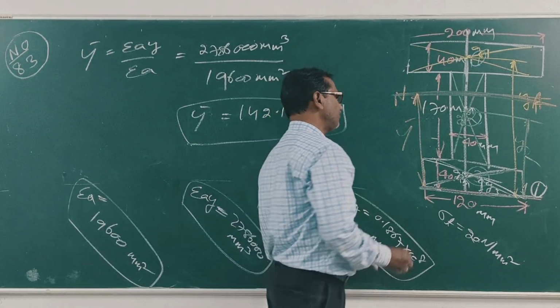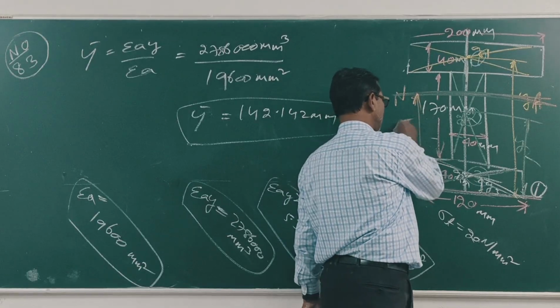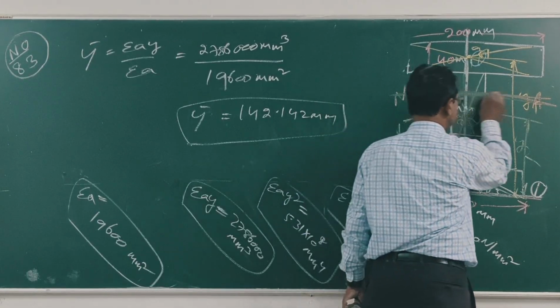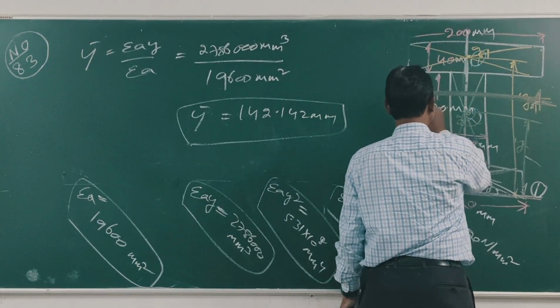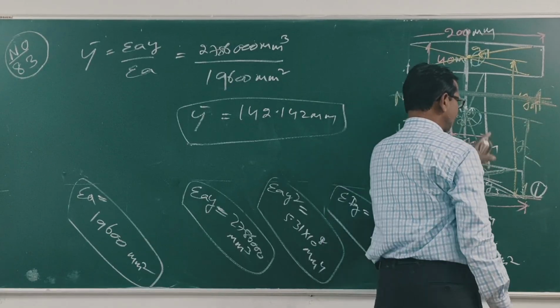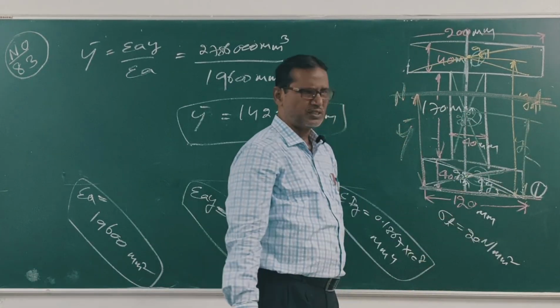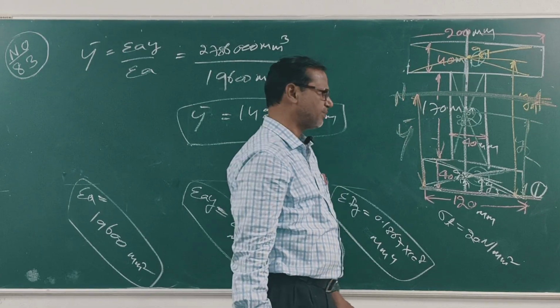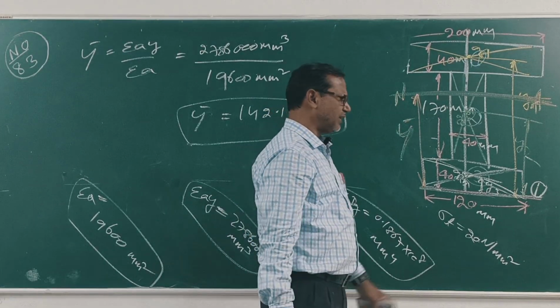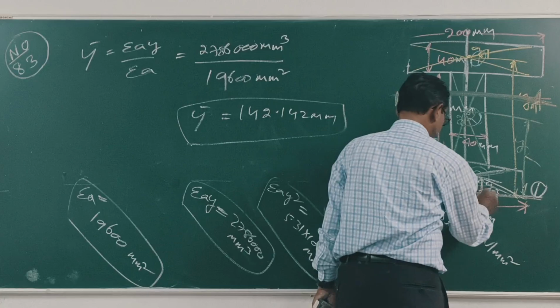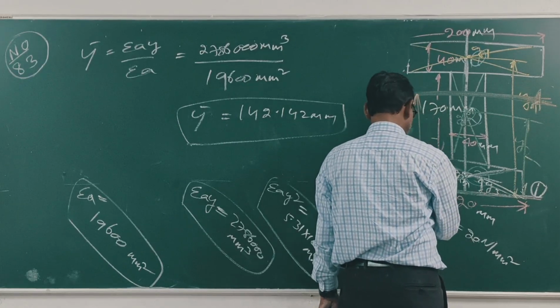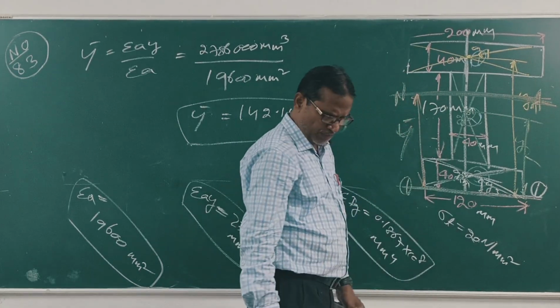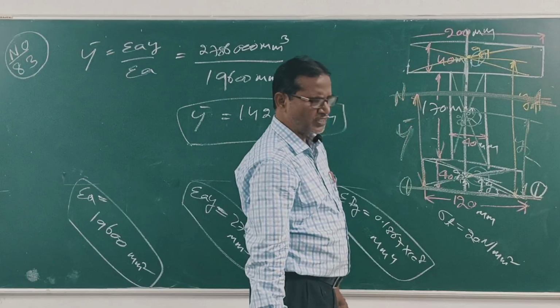Clear? The neutral axis passes through CG.